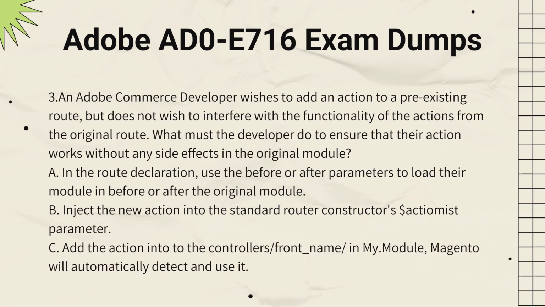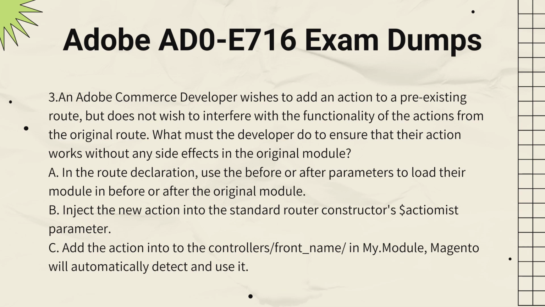3. An Adobe Commerce developer wishes to add an action to a pre-existing route, but does not wish to interfere with the functionality of the actions from the original route. What must the developer do to ensure that their action works without any side effects in the original module? A. In the route declaration, use the before or after parameters to load their module in before or after the original module.